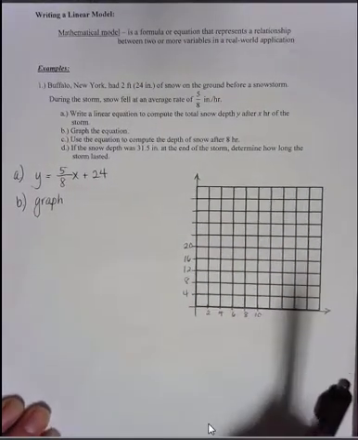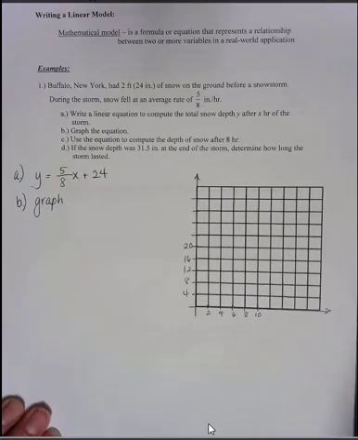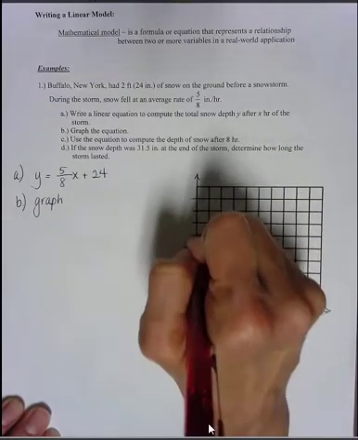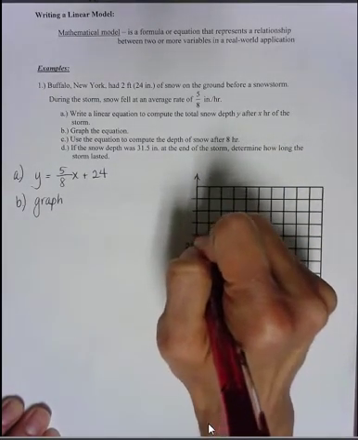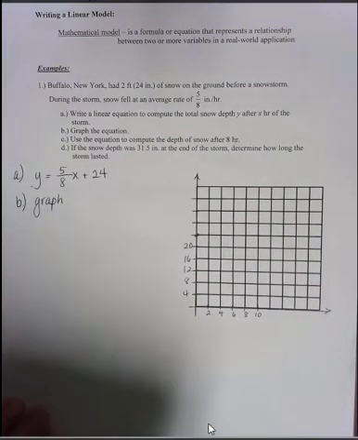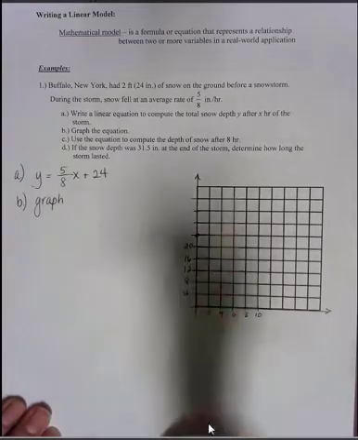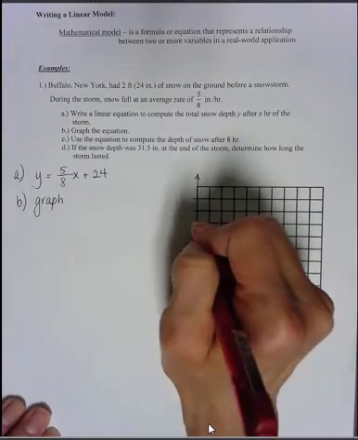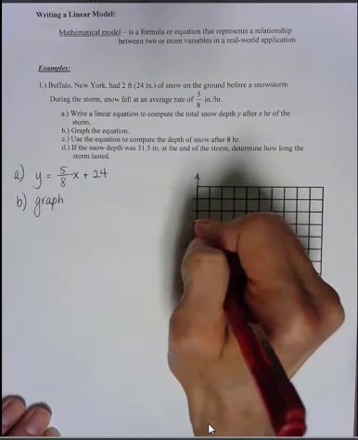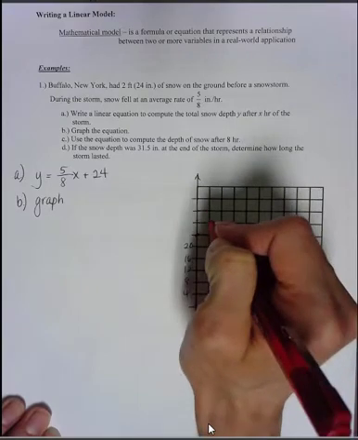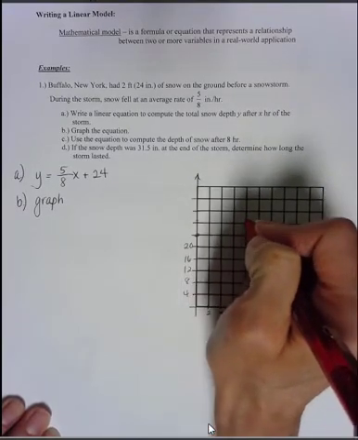We're going to start with our y-intercept, which was 24. So we'll start right here, and then we'll calculate the slope, which is 5/8. We go up 5 and over 8. So up 5, over 2, 4, 6, 8.